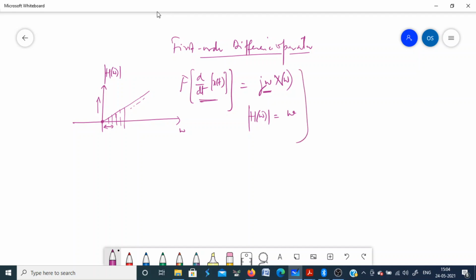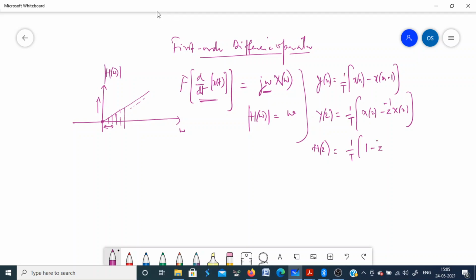So the digital counterpart of this is the first order difference, which is y[n] = 1/T (x[n] - x[n-1]). And if you take the z transform of this, the transfer function, Y(z) is 1/T (X(z) - z^-1 X(z)). So Y(z)/X(z), which is the transfer function, is 1/T (1 - z^-1).